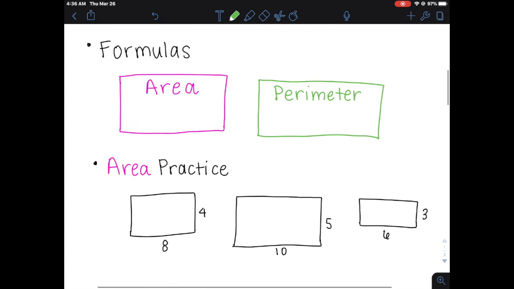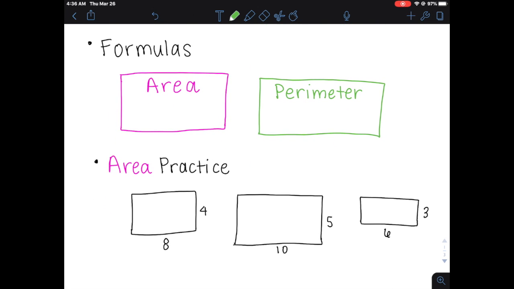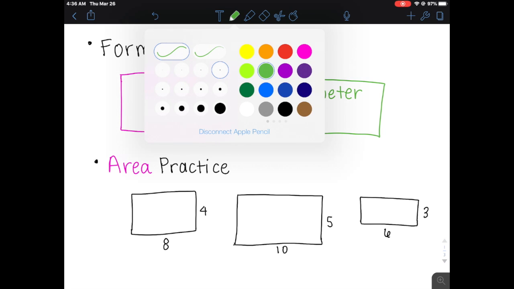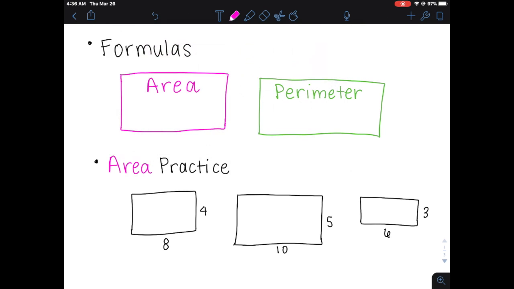Area and perimeter both have what we call formulas. There are quick expressions that we can use to help us solve these types of problems. So area will be represented by A, and the formula for area is L, length, times W, width. And the formula for perimeter, which is P, equals 2 times the length plus 2 times the width.